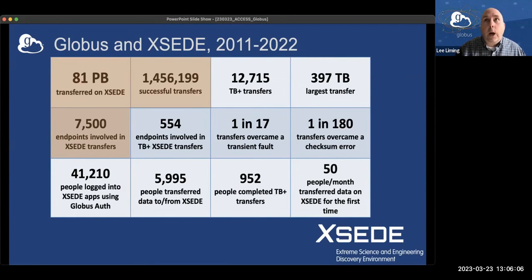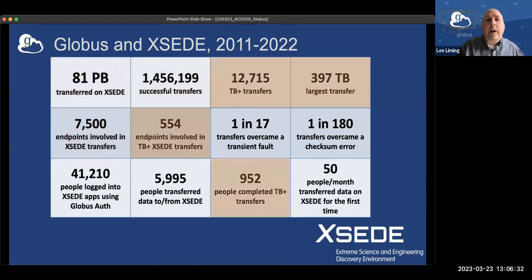So while there were about a dozen, maybe 24 resource providers that were connected to XSEDE, there were over 7,000 other systems that people needed to move data to or from in order to do their research on XSEDE. And we are really proud of the fact that so many different systems are connected to Globus and were used with XSEDE. The other numbers that I wanted to highlight are numbers that talk about the size of those transfers.